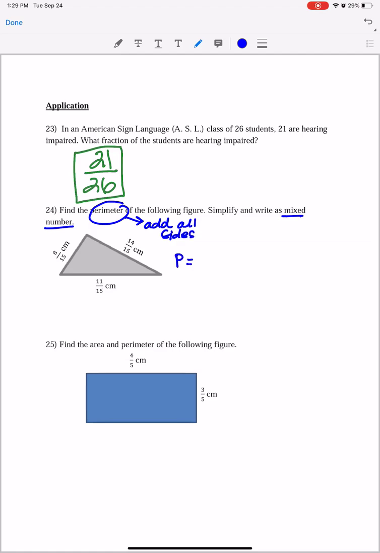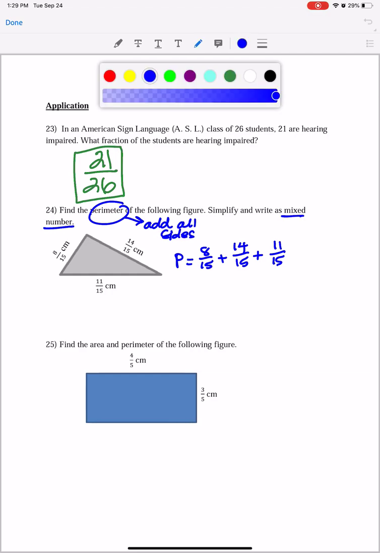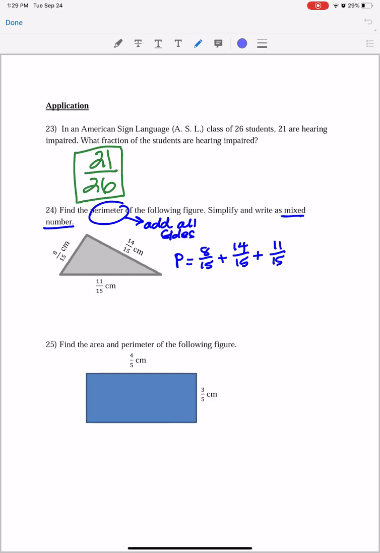So here we have 8 over 15 plus 14 over 15 plus 11 over 15. As much as you may not like fractions, they were actually extremely nice and sweet to us here. The reason is these are all like fractions, and these are like fractions because you have the same number in the bottom of all of your fractions.